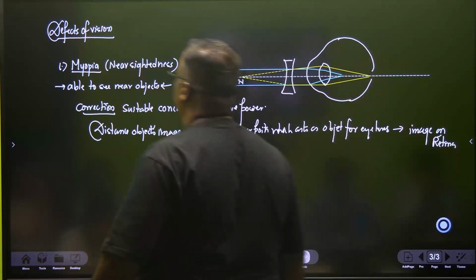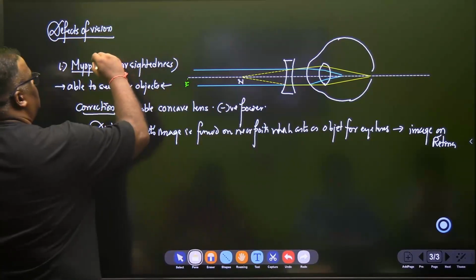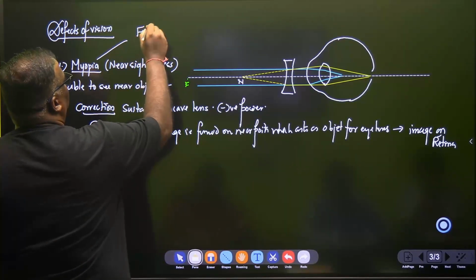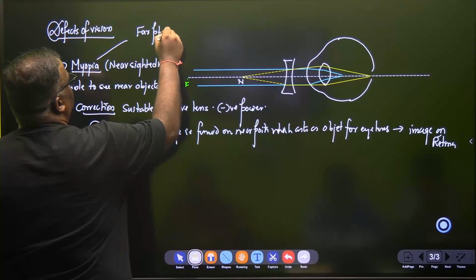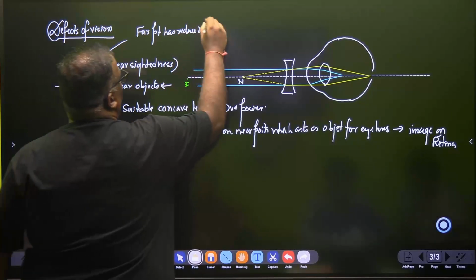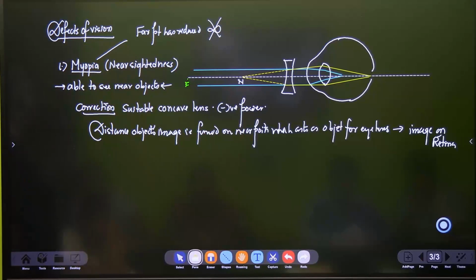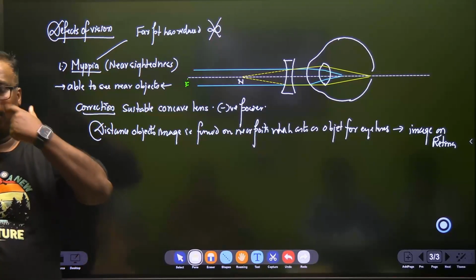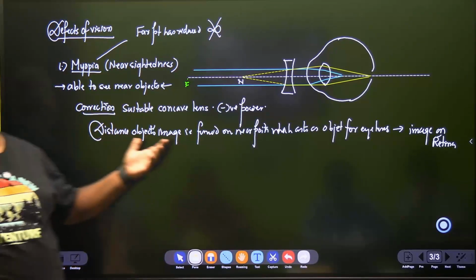So in a myopic eye, the disease is that the far point has reduced. It is no more infinity. It has reduced from infinity. So there can be a problem like this.